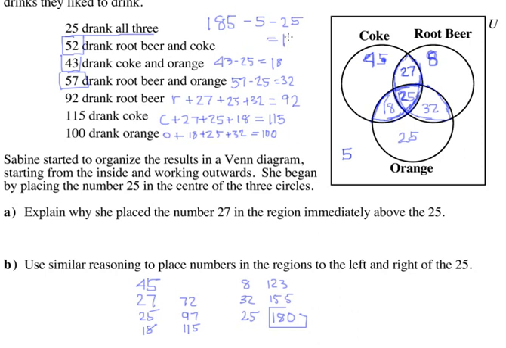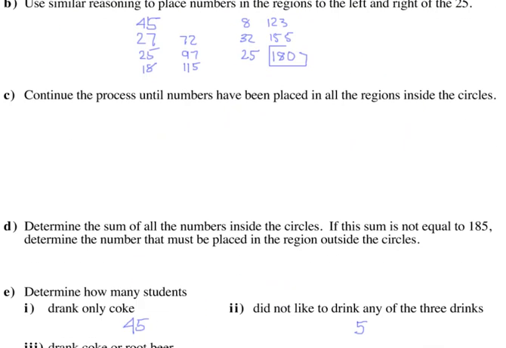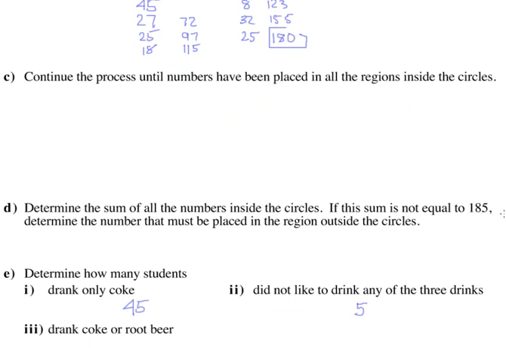Subtract those off and you get 155 people who drink Coke or root beer or possibly both. If you add up all of these numbers, I bet you get 155, but the shortcut is much quicker. 155 Coke or root beer or possibly both.